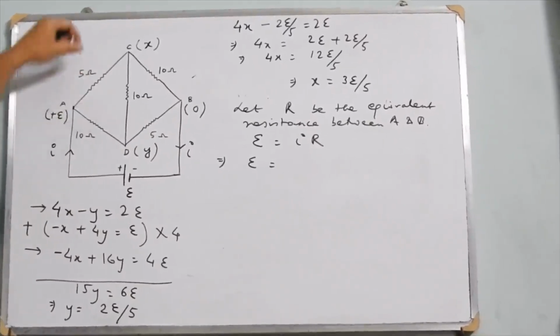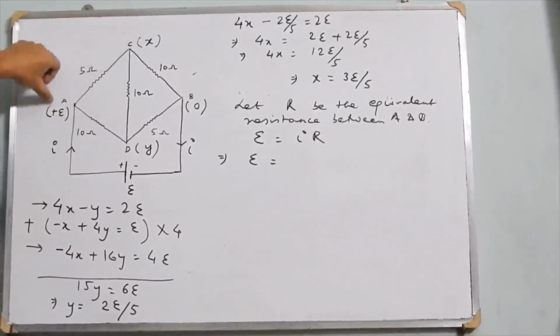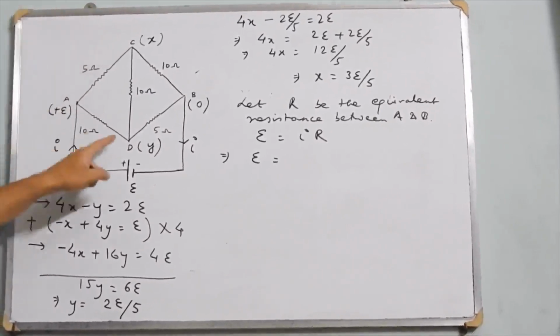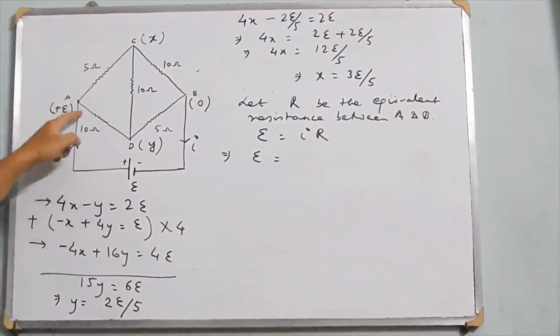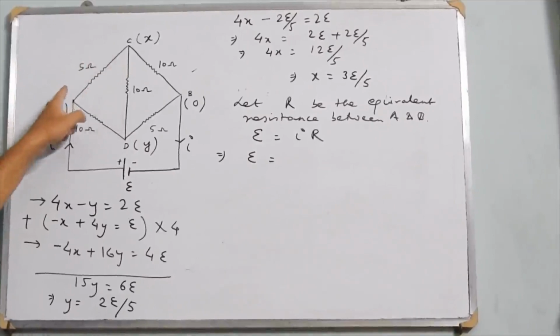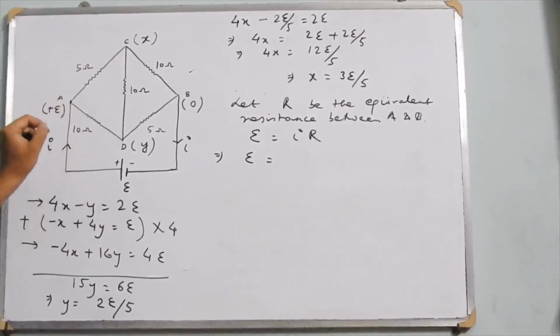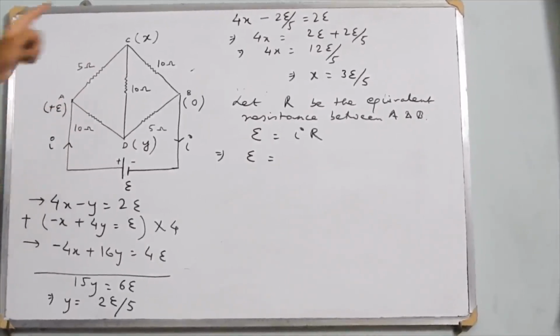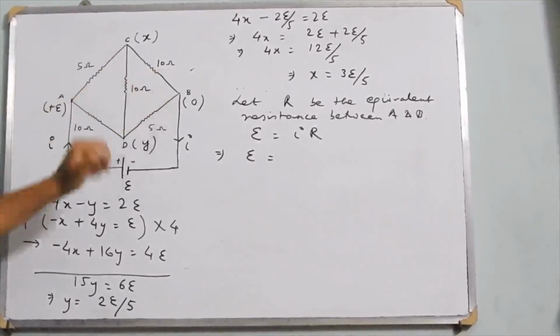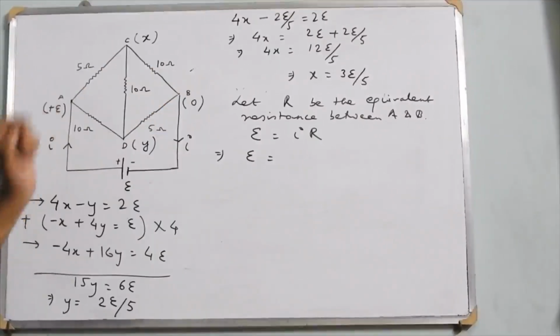So either you can consider the current as (x minus epsilon) by 5 plus (y minus epsilon) by 10, or (x minus 0) by 10 plus (y minus 0) by 5.